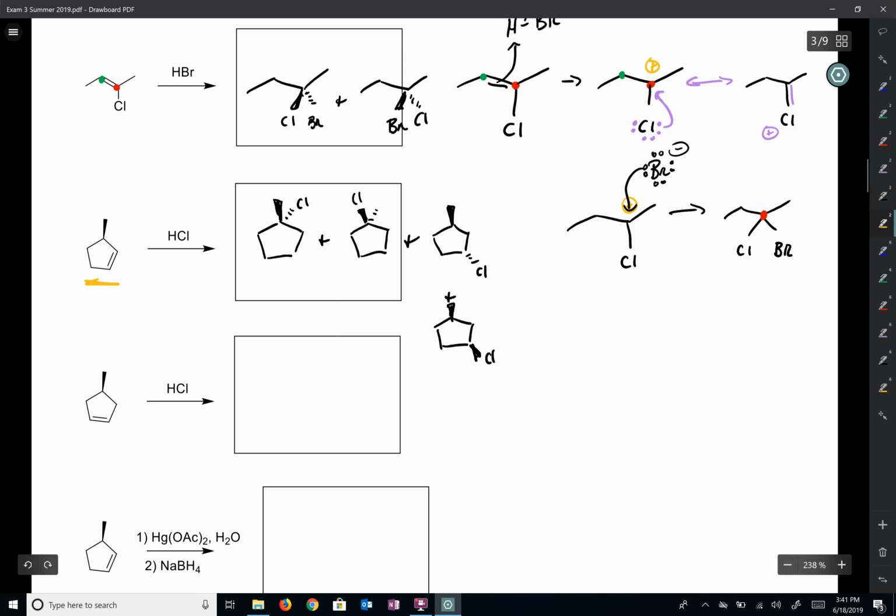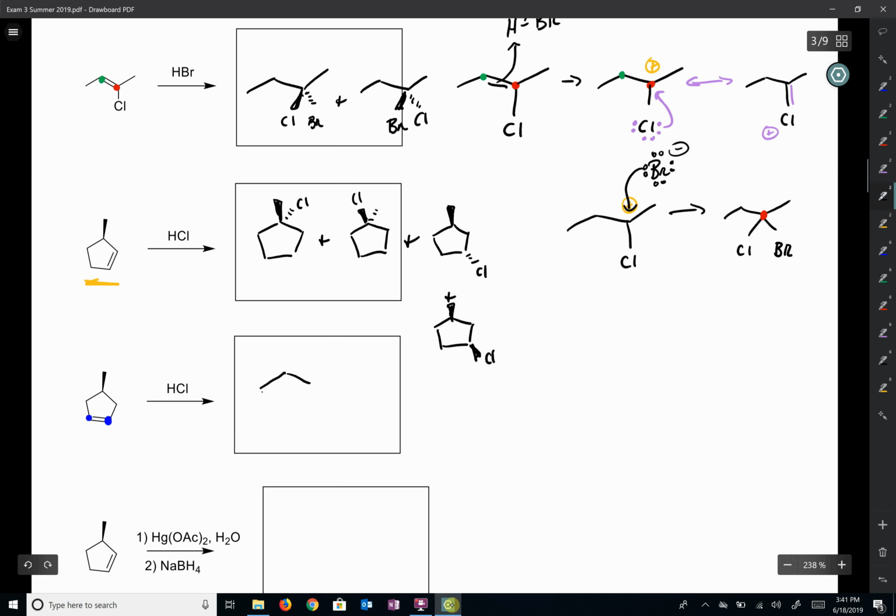Well, likely these are the products that we're going to make the most, but can we dismiss these right here? The answer is not really. So depending on what we're looking at, we have to be careful about what products get formed. All right, now again, we're left at the same point here.